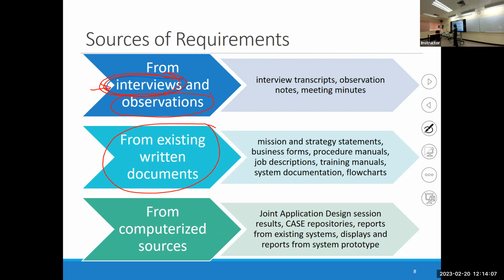Second, consider existing documents because these are the things they need. The same as the AIT clinic. Doctors need to write down the diagnosis, the medical treatment, the suggestion and so on.